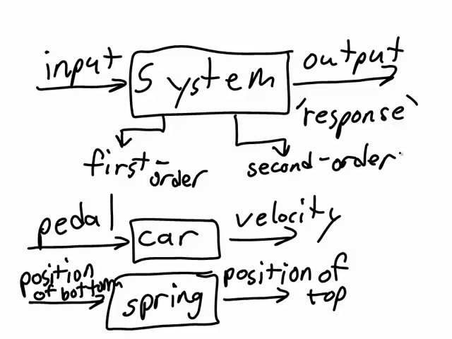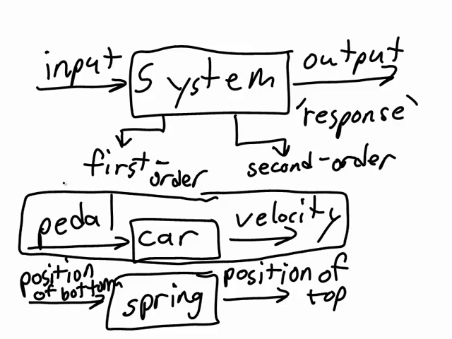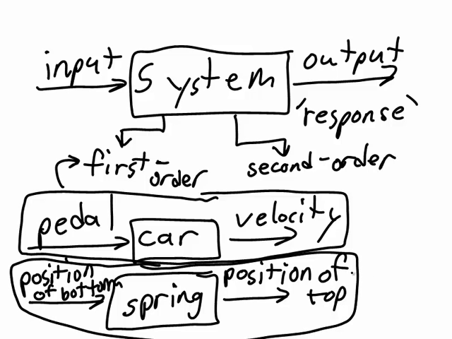For example, the car converting the angle of a pedal into a velocity was categorized as a first order response, while a spring mass damper system was categorized as a second order.